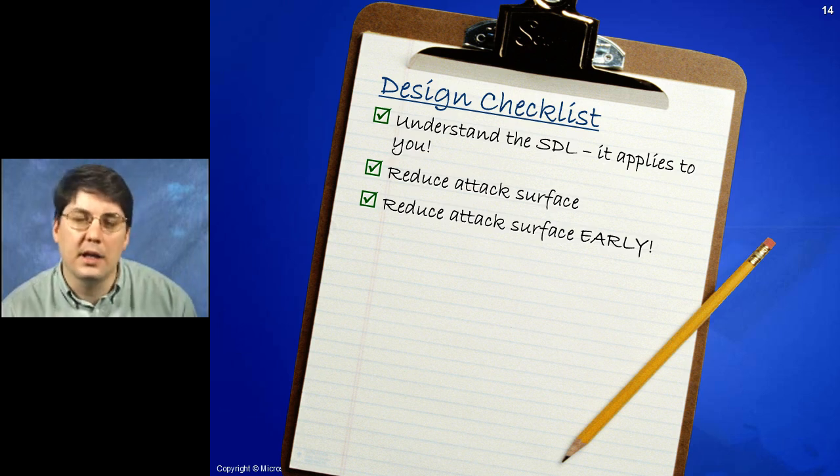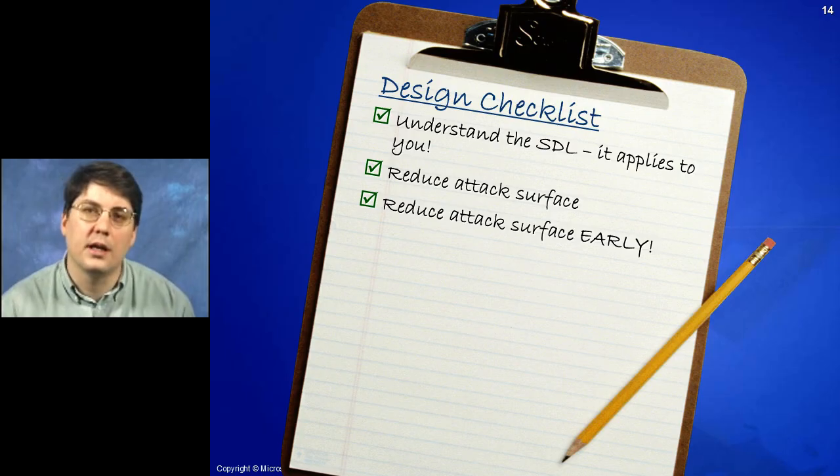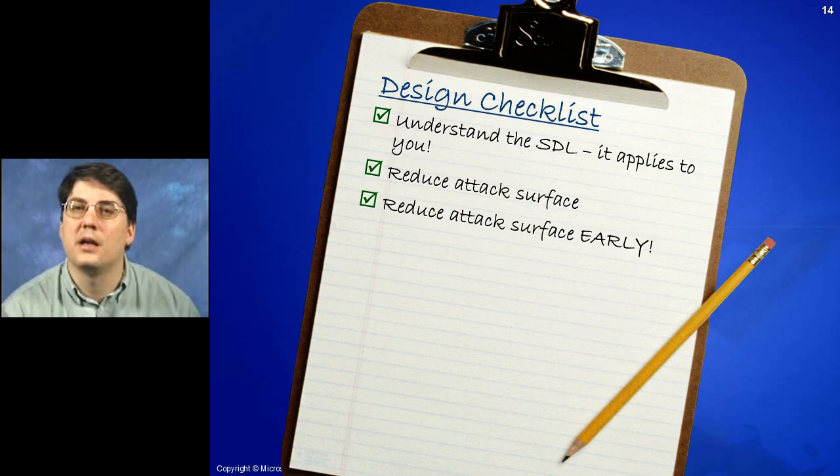Now, when you're building a design checklist, make sure you're looking at all the aspects of your security development lifecycle. It really does apply to you. It applies to all the different developers in your organization, all the different testers, all the program managers, all the user experience professionals, all the user assistance people, your response team. It is a multi-pronged, multi-approach life cycle to making sure that your software is secure.